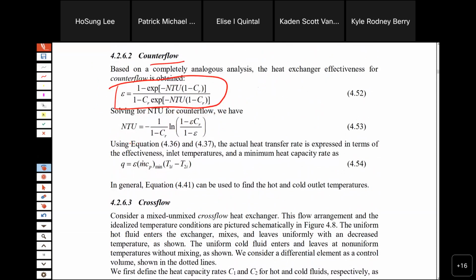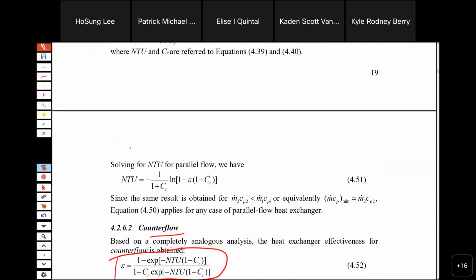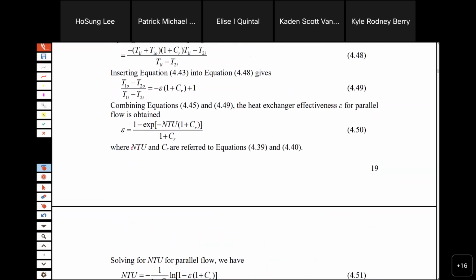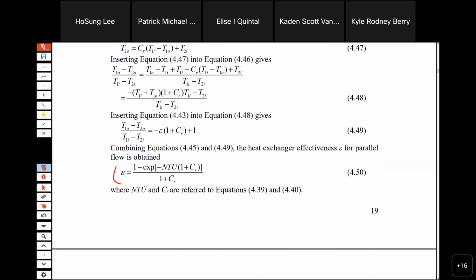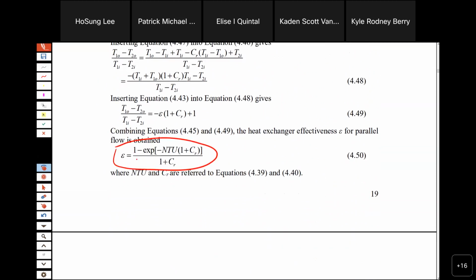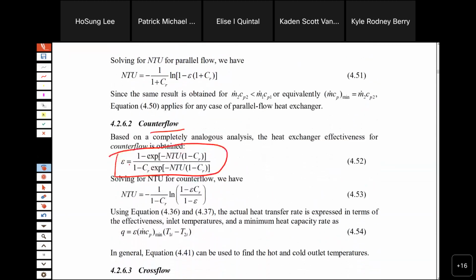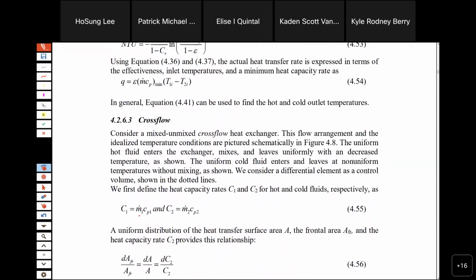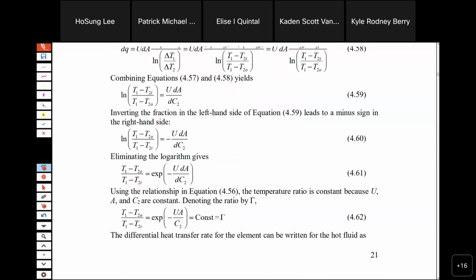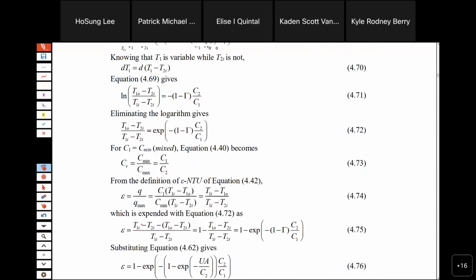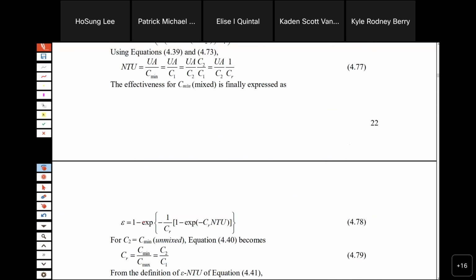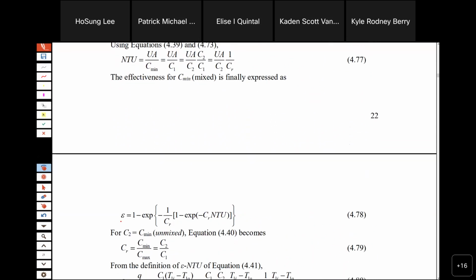Parallel flow, we found it. Analytically, we can find cross flow, we found it. I'm not going to demonstrate, but we found it. Once we know the effectiveness, what we need is the CR and the NTU.